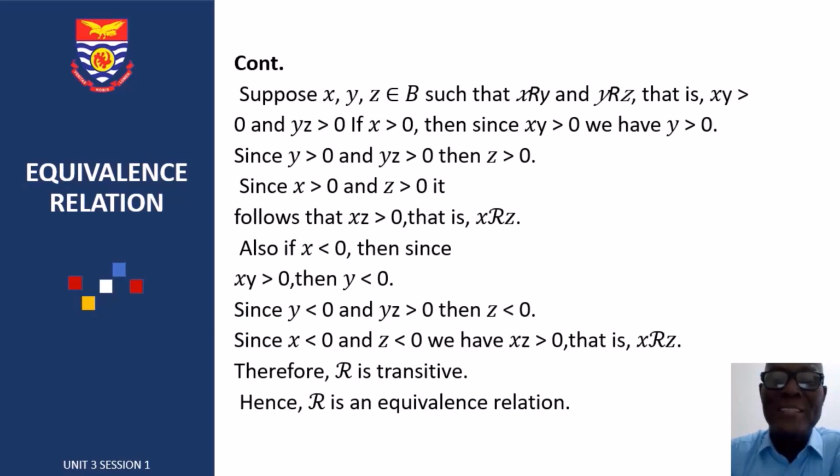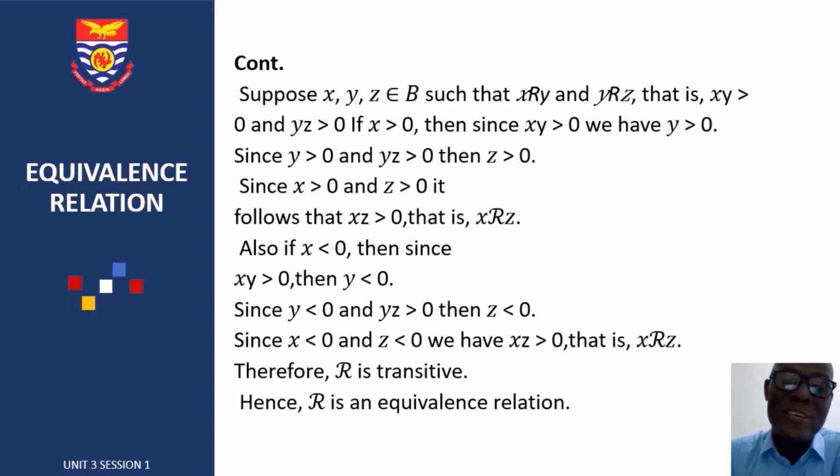When X is less than 0 and our XY is greater than 0, then it implies that Y must be less than 0. This is because if X is less than 0, which means X is negative, Y cannot be positive. Y should be negative so that when we multiply XY, the result will be positive, which should be greater than 0. Then since Y is less than 0 and YZ is greater than 0, then it implies that Z must equally be less than 0.